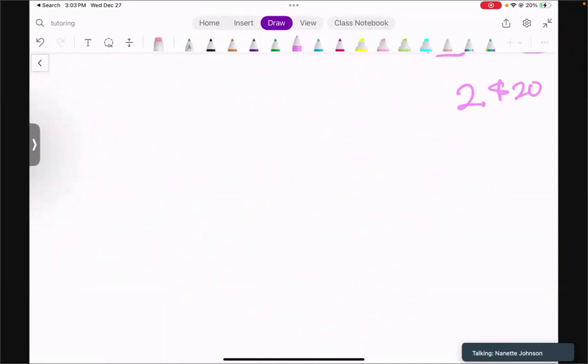Let me look up a couple of good practice problems because it kind of does matter. Fractions. Okay, here we go. So let's do another one that we did.